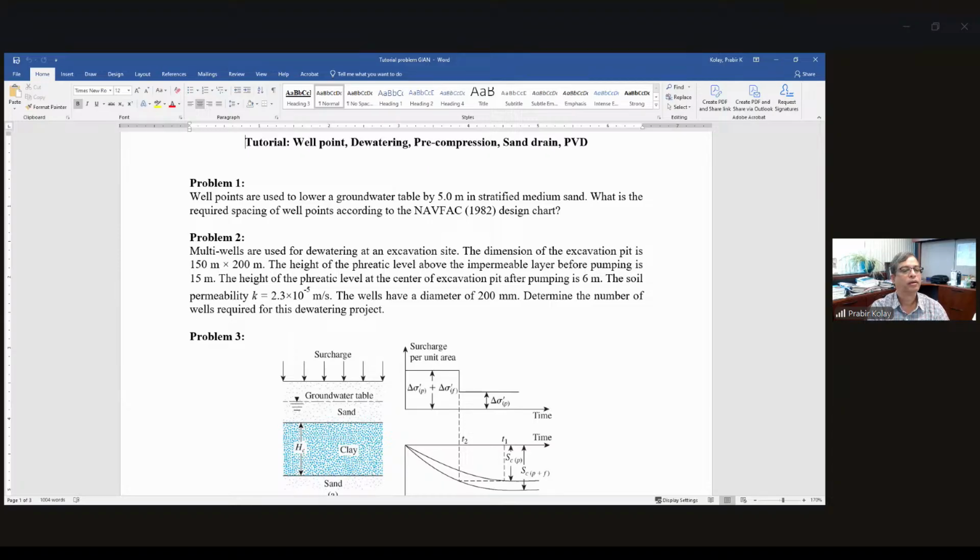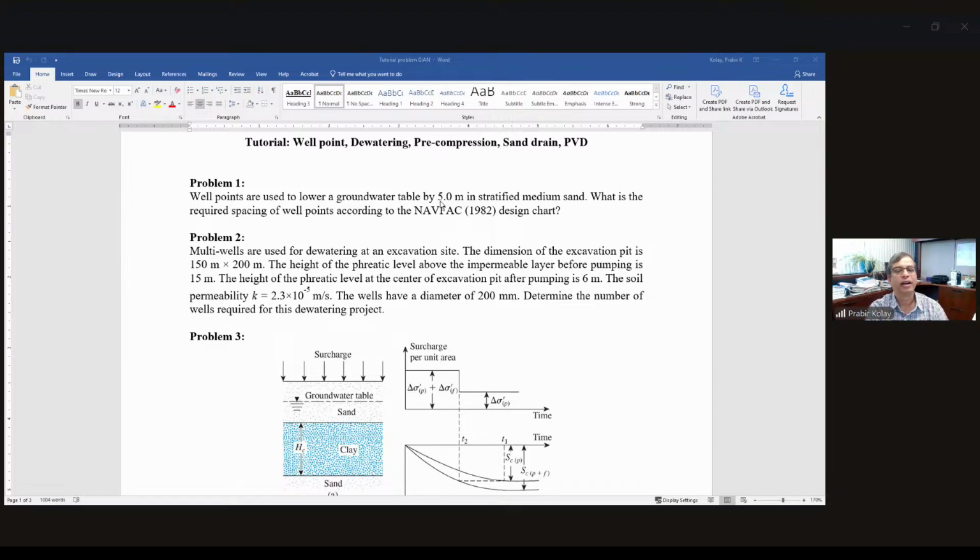So there is a design chart, actually. You need to use that chart. Here the water table is 5 meters, stratified sand, medium sand. You take that 5 meters, find where the sand is located, and just draw a straight line.